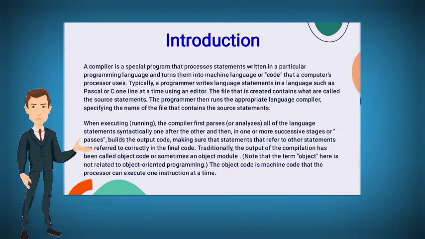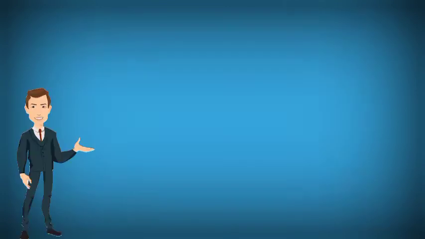The output of the compilation has been called object code, or sometimes an object module. Note that the term object here is not related to object-oriented programming. The object code is machine code that the processor can execute one instruction at a time.